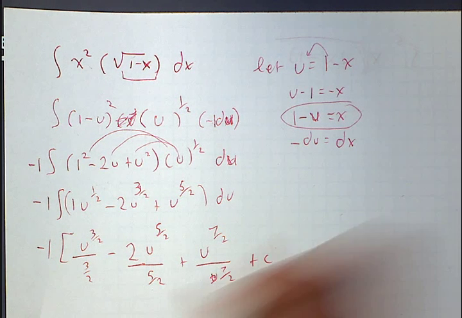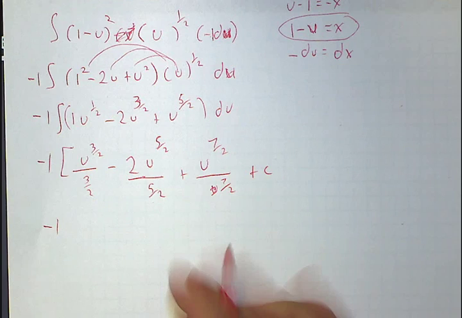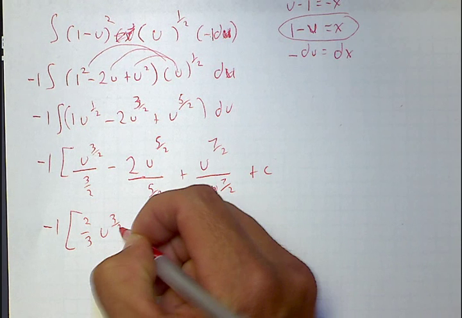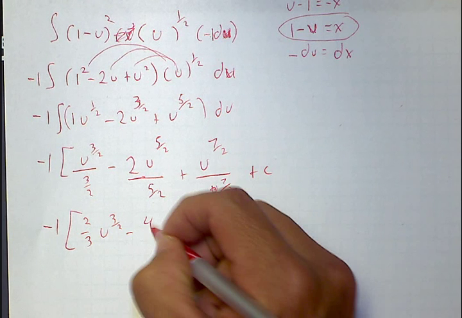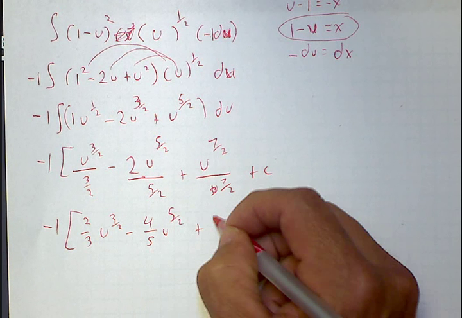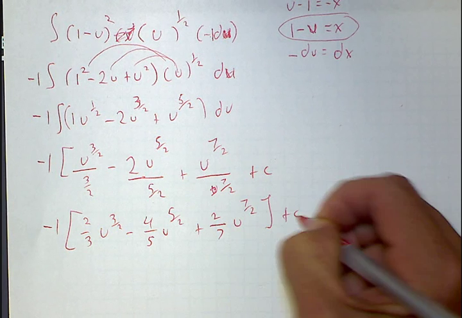All right, rearranging that, it's -1 times 2/3 u to the 3/2 minus 4/5 u to the 5/2 plus 2/7 u to the 7/2 plus c.